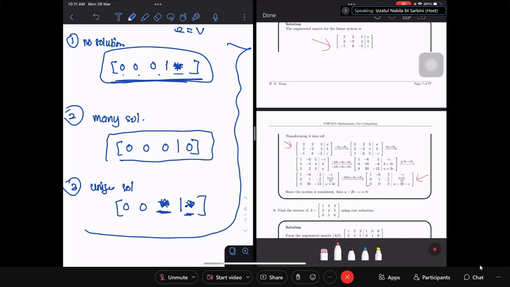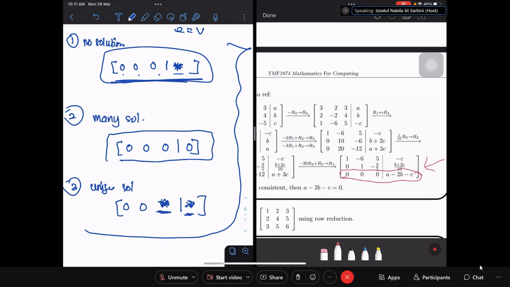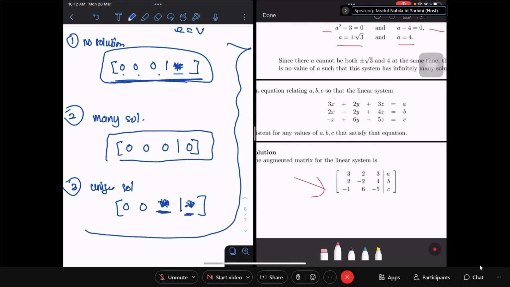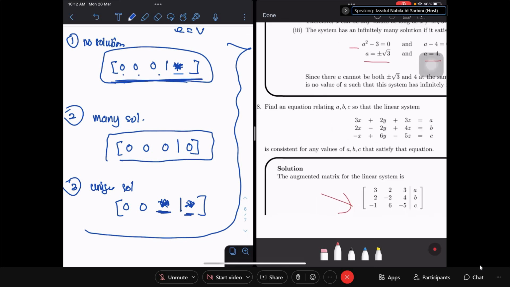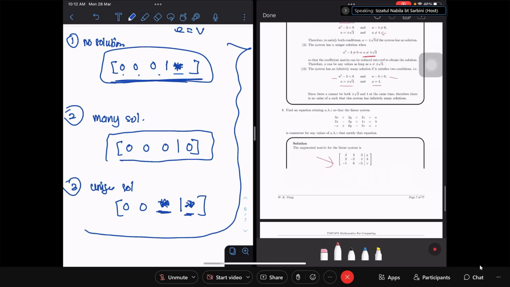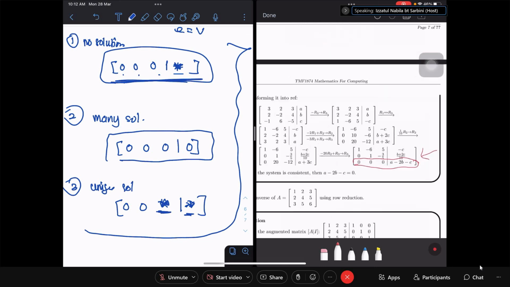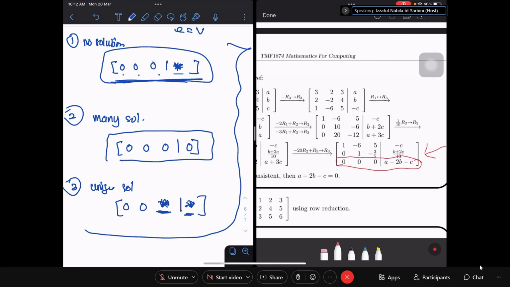If you look at the last matrix here, the condition is that you want to make it consistent. Consistent means it's either many solutions or a unique solution. If you look at this, how can you make this become consistent?